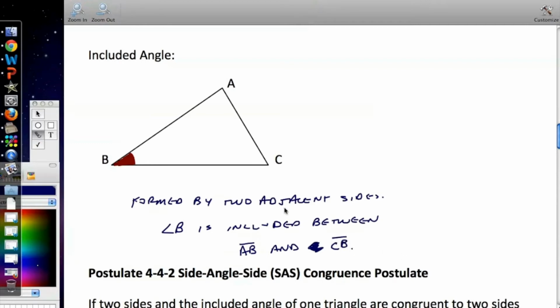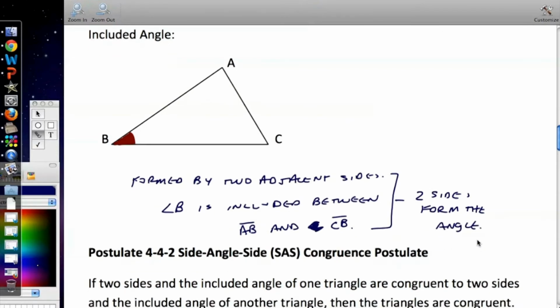Okay? So B is the included angle because these two sides form it. The two sides form the angle. Okay, so that's how that works.